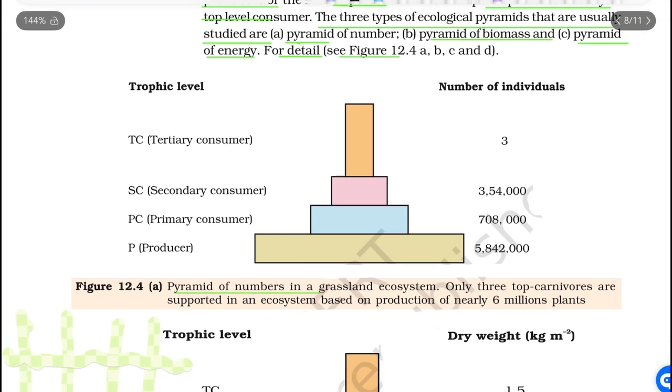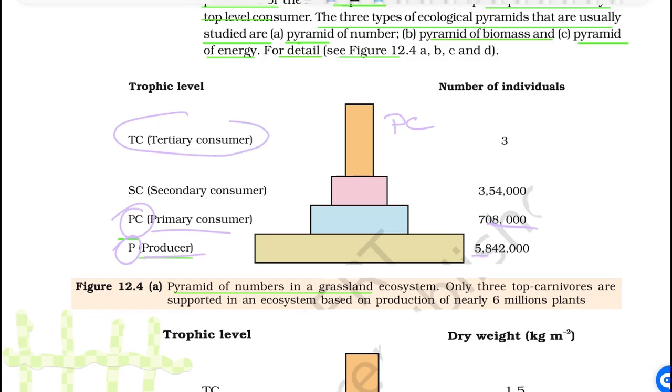Here is the pyramid of numbers in a grassland ecosystem. Producers, denoted by P, are 58 lakh 42,000. Primary consumers, denoted by PC, are 7 lakh 8,000.